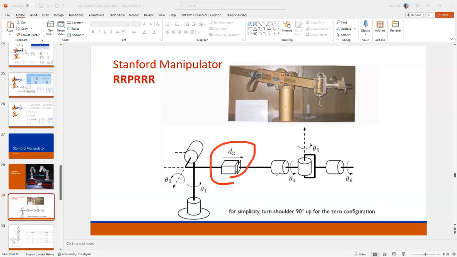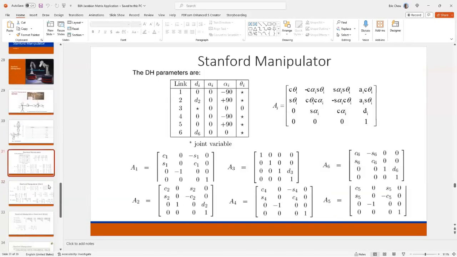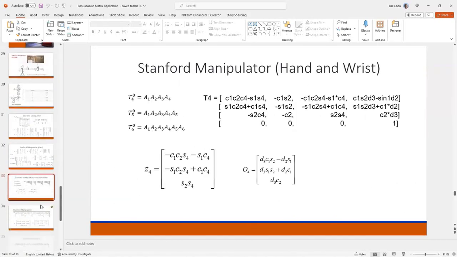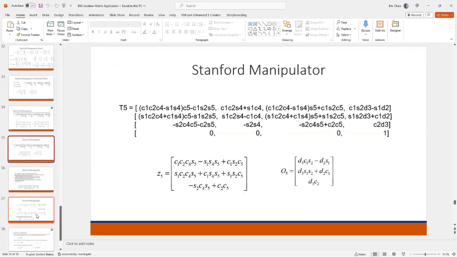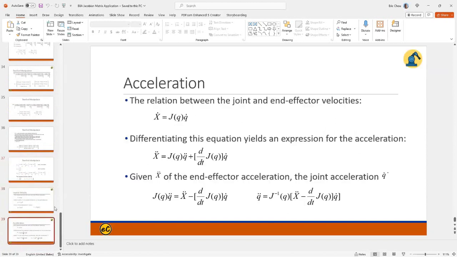So here one is an extender, everything else are rotational. You set out the equation for each one of the rotations, then you get the long calculation, and then eventually you have the Jacobian. That's what this chapter is.